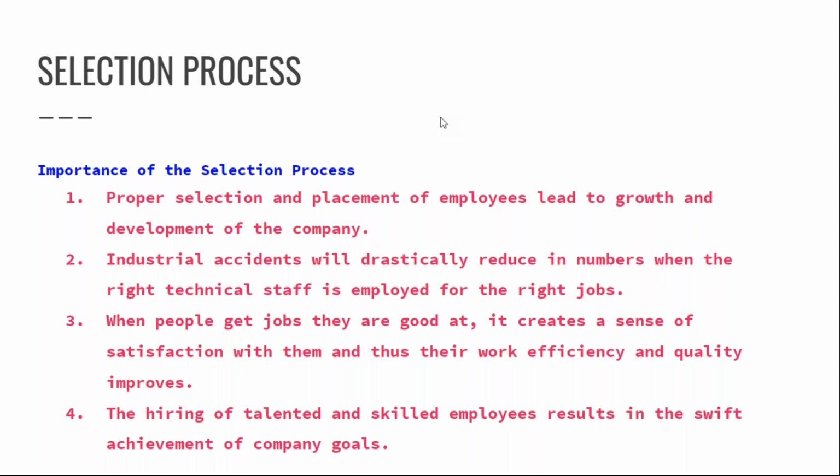Now, a very important point: if you look at the second point, we have been finding so many incidents taking place in the past few days in so many industries, especially industrial places, the chemical industries, or industries where hardware work is going on.